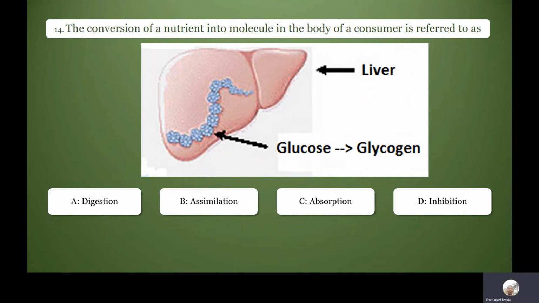The conversion of a nutrient into molecule in the body of a consumer is referred to as assimilation.